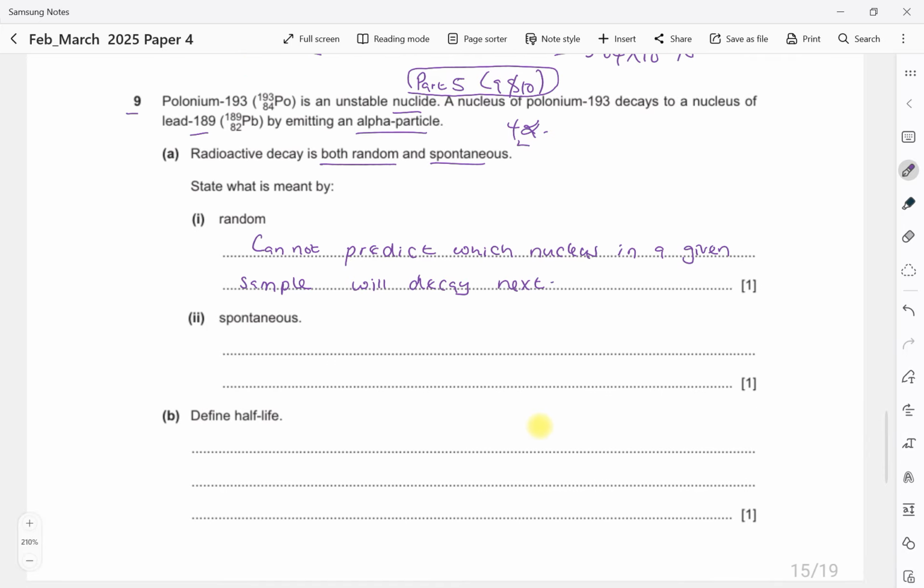Spontaneous means nothing in the environment can influence or affect the decay, so not affected by external factors such as temperature, pressure, catalysts, etc. So nothing in the environment influences the decay.